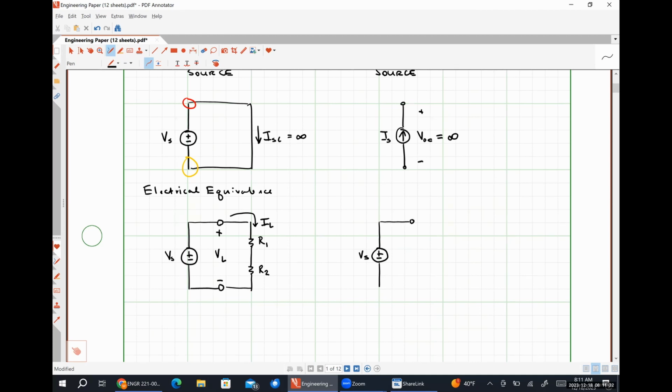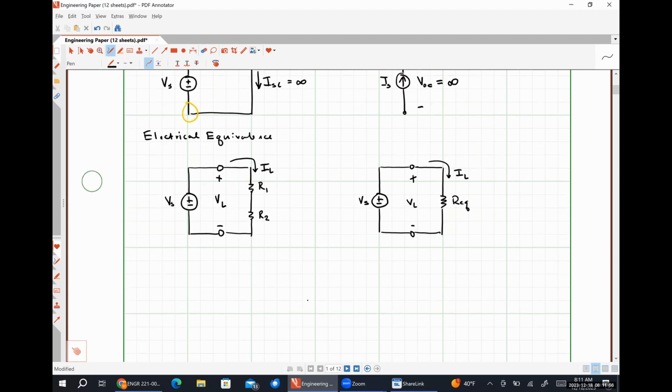So I have that same voltage source Vs. Here I'm going to have some equivalent resistance, Req. This will be defined as my voltage VL and my current IL.